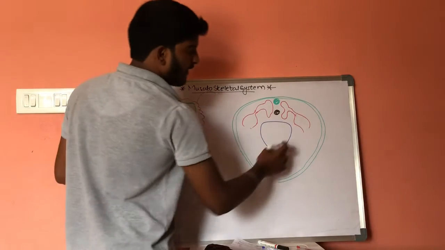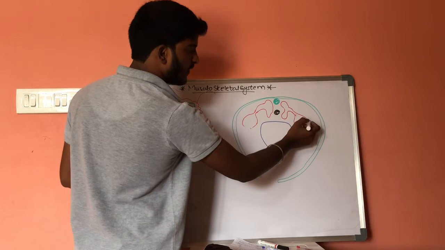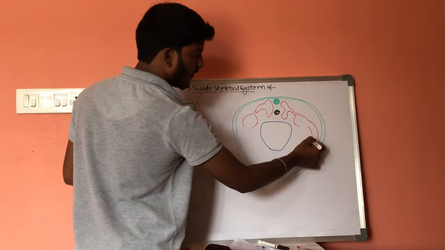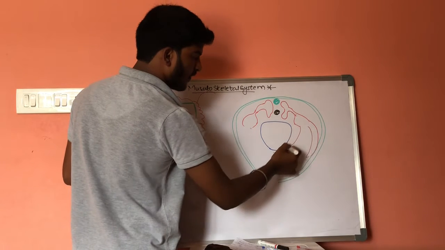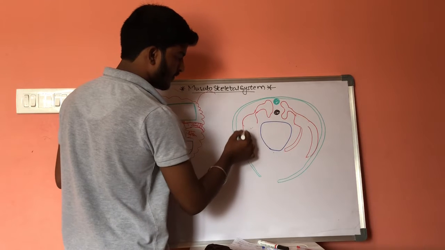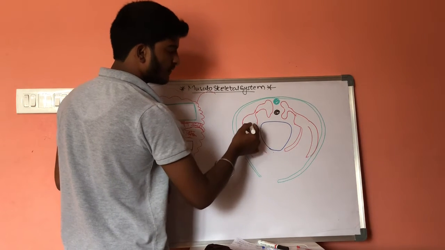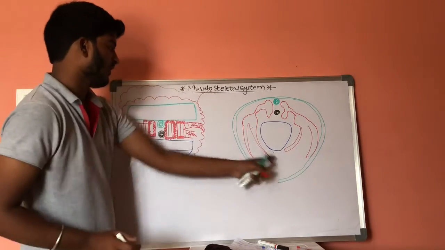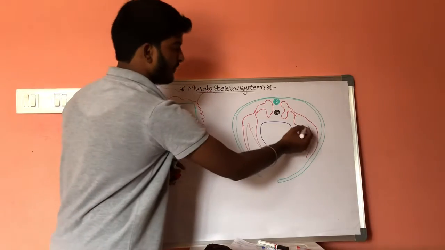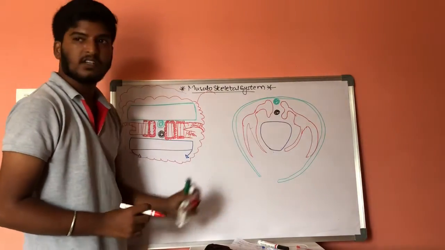The intermediate mesoderm is then classified into two forms. This is lateral mesoderm, this is intermediate mesoderm, and this is paraxial mesoderm.